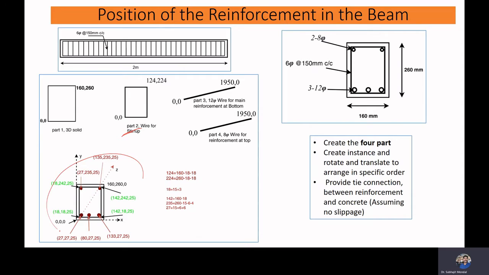Here, if you see the cross section, this 0 point will come at 0, and this stirrup point will come to this location. The coordinate of the stirrup is 18, 18, 25.